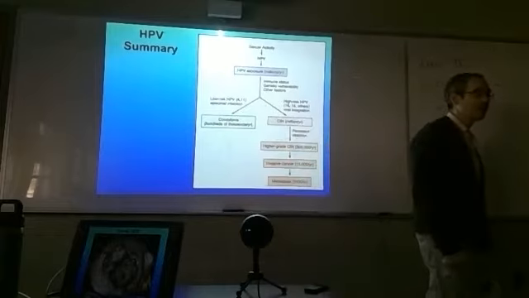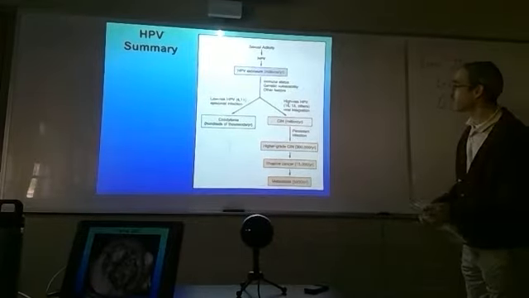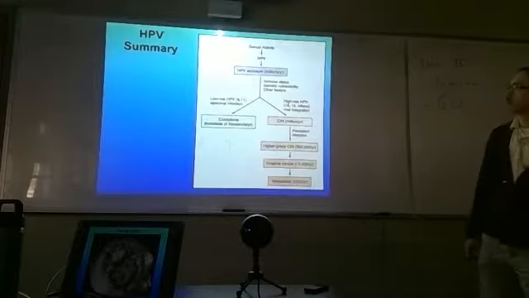It doesn't have to be. Sometimes people will contract an HPV infection from a fomite. Fomite means an inanimate object like toilets, or contaminated clothing, towels, or something like that.